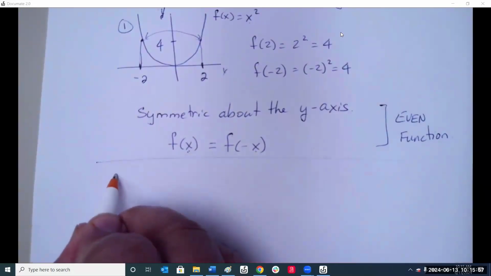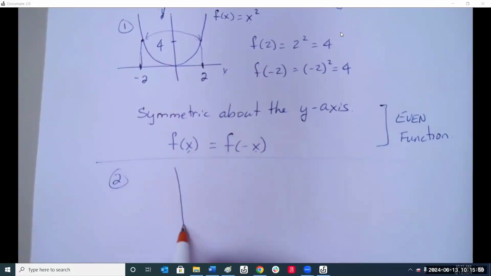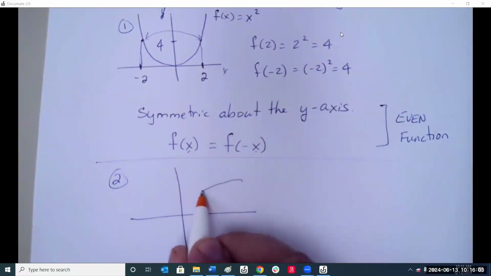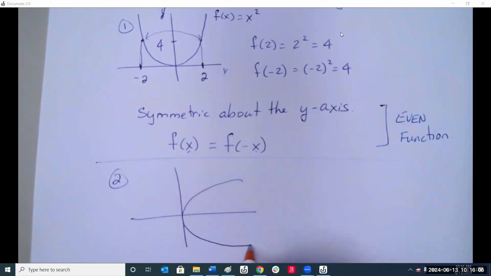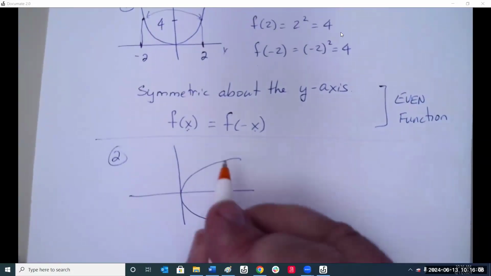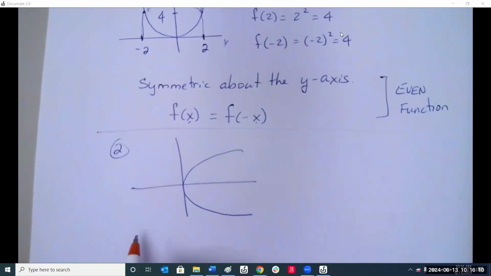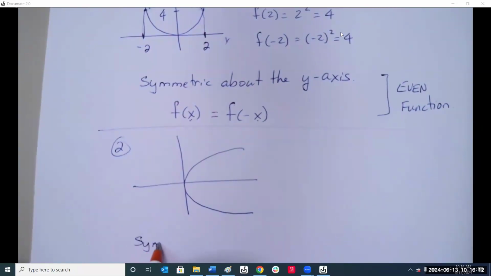The second one, we say is symmetric about the x-axis.